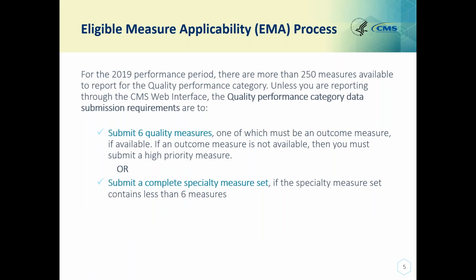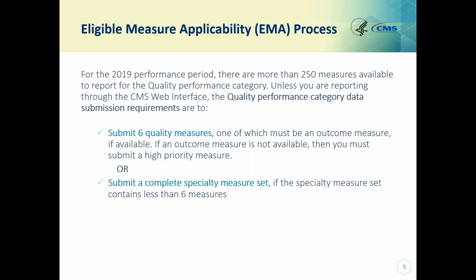So what is the eligible measure applicability process? There are approximately 250 measures available in the quality performance category, and so there are requirements to submit 6 measures or complete a specialty measure set with your submission. Those are the program and policy, and therefore system, expectations.